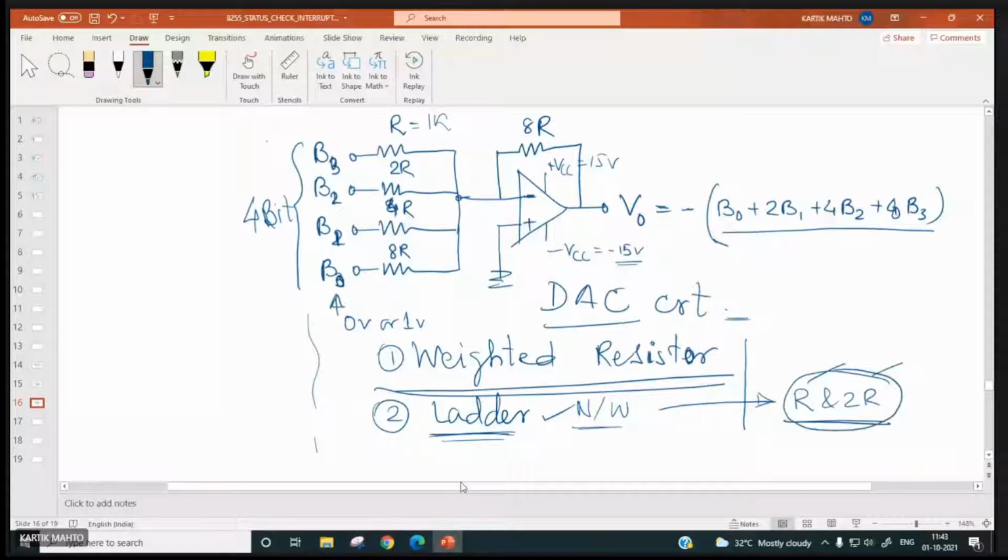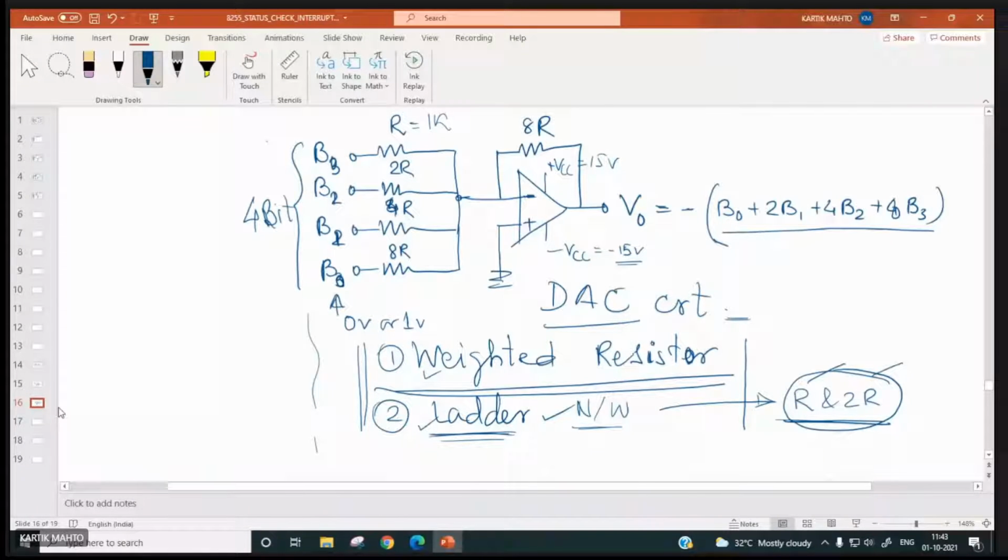I think you are all acquainted with this circuit. Correct? Yes or no? Yes, sir. Okay, so please remember that your DAC is of two types. One is the weighted, another is the ladder. What is the disadvantage of weighted?